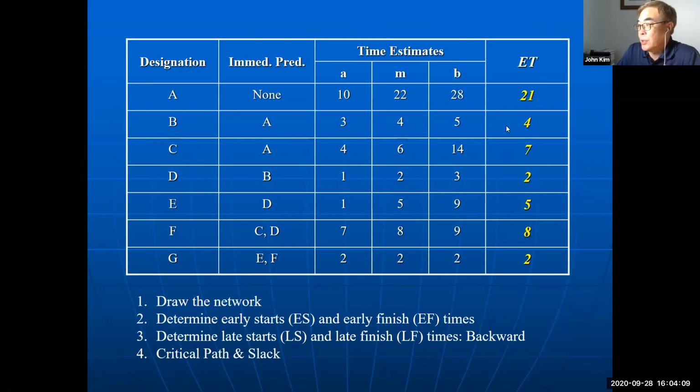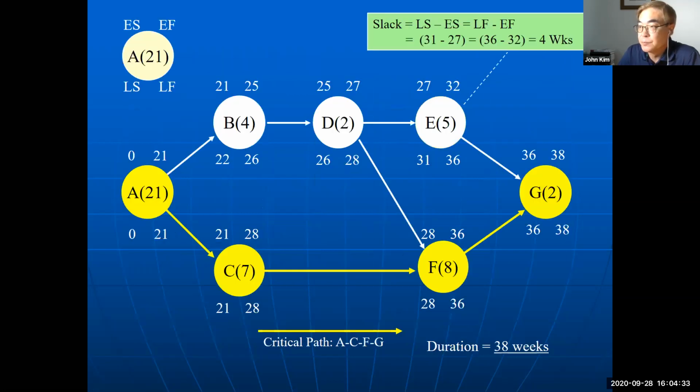So after calculating expected time, it looks like a single activity time. Using designation, immediate predecessor, and expected time, we can draw a network. I think you can draw a network using immediate predecessor.